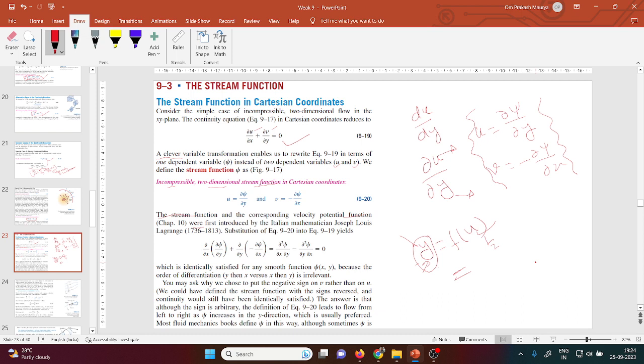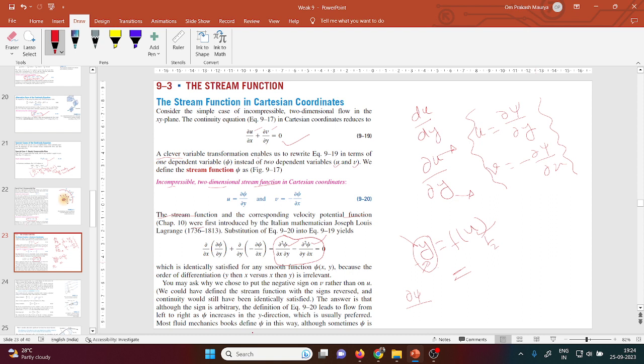If you substitute u and v into the equation, the expression comes out like this. So in this equation, if you see, psi and psi are there, so only one dependent variable.